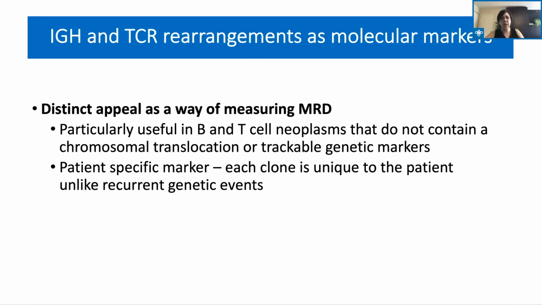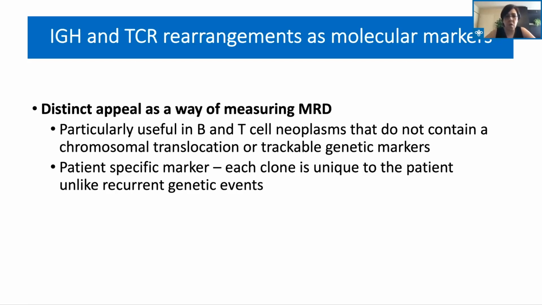All right, so this brings us to IgH and T cell receptor rearrangements as molecular markers. Both IgH and TCR rearrangements have a distinct appeal as a way of measuring minimal residual disease, and these are the type of markers that are particularly useful for any B or T cell neoplasm that does not contain a chromosomal translocation or a trackable or stable genetic marker.